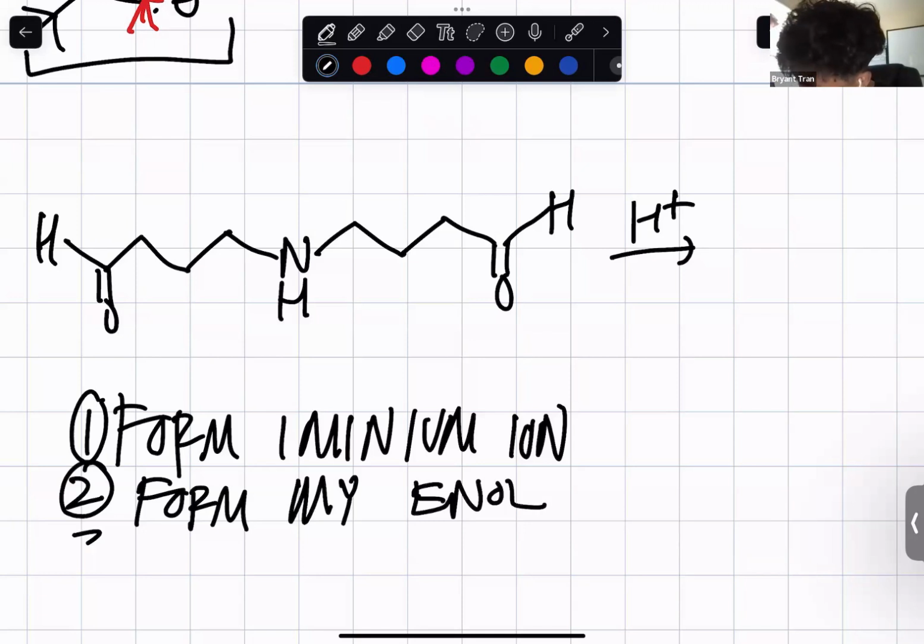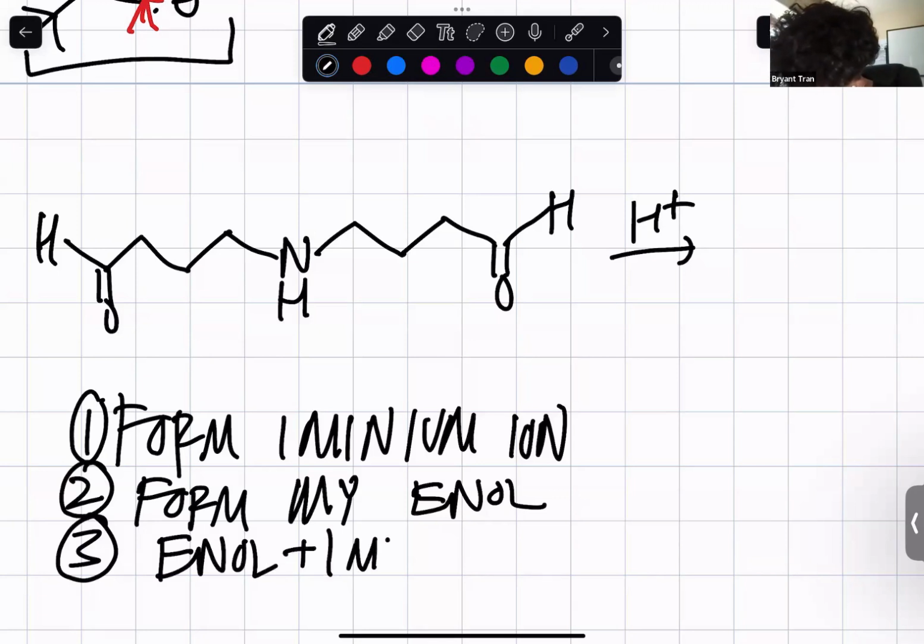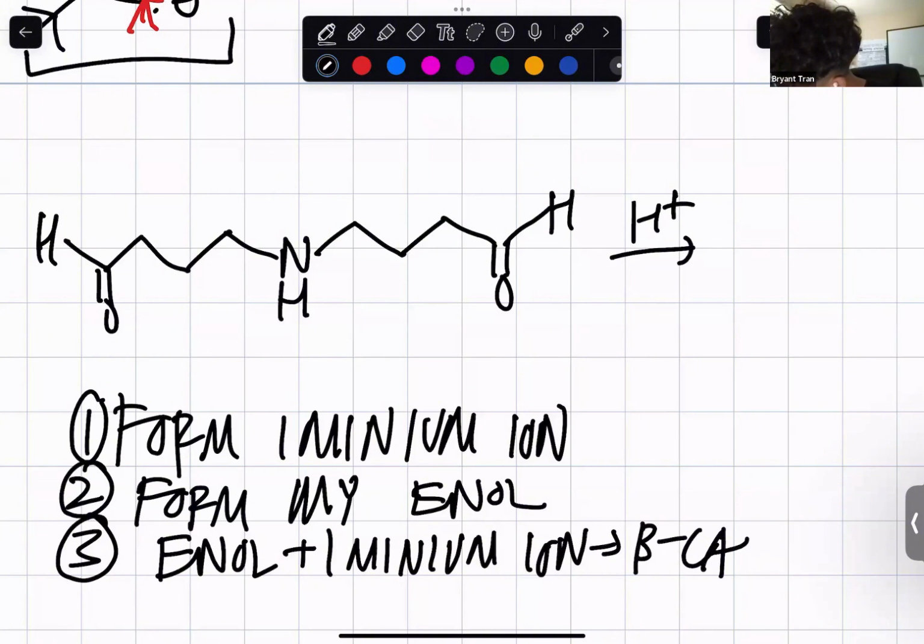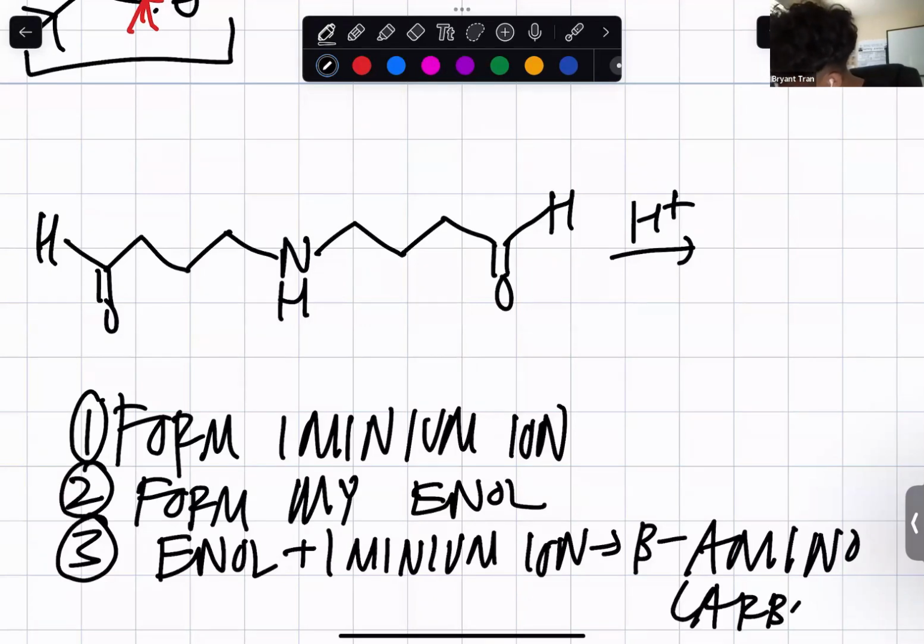Then the third step for the Mannich reaction is react the enol with the iminium ion to get the final product, the beta amino carbonyl, because there's an amino group at the beta carbon relative to the carbonyl.